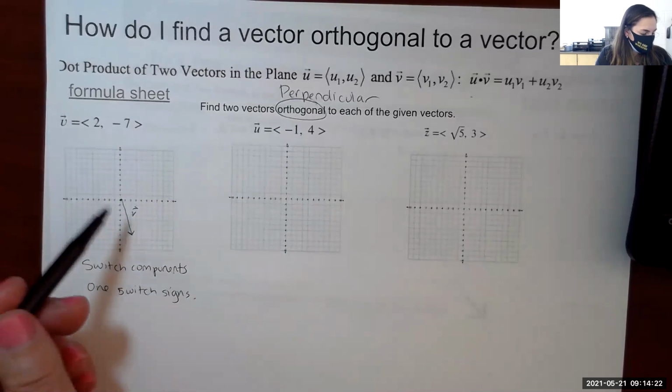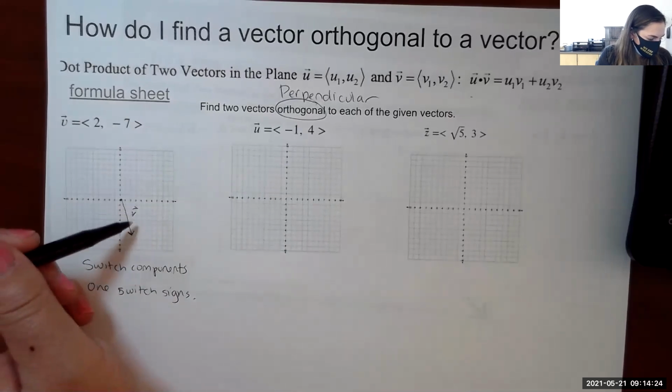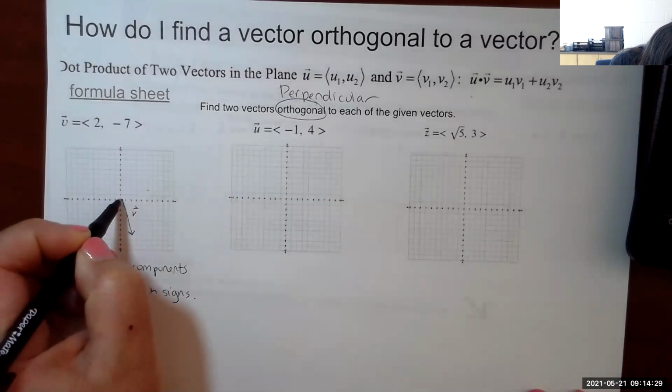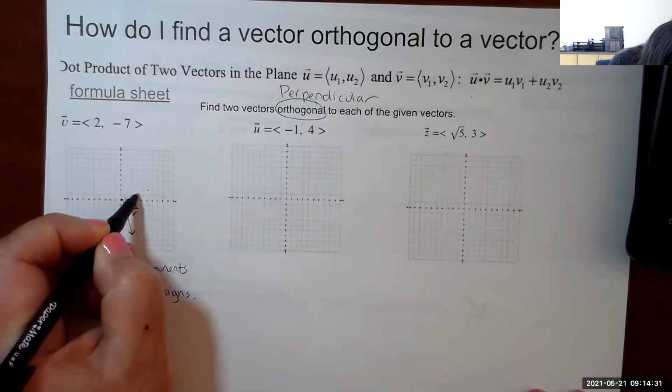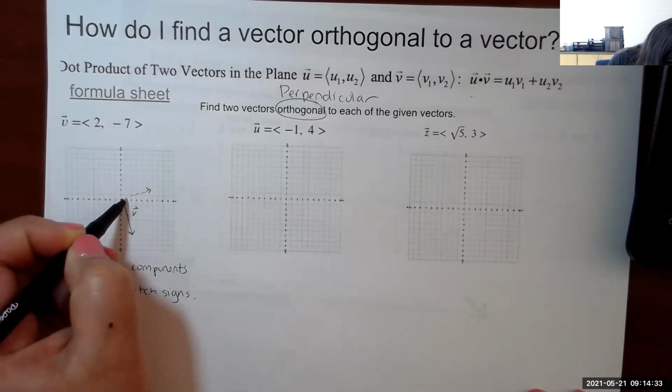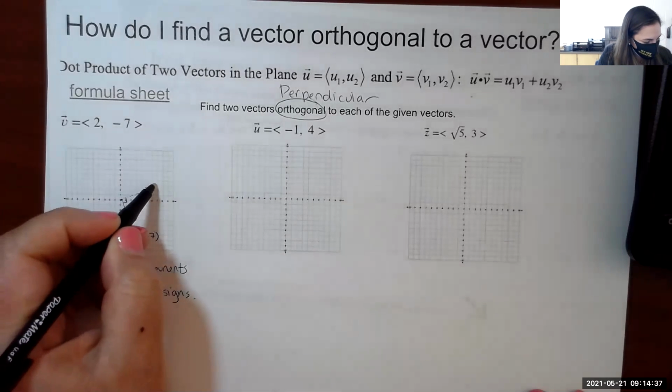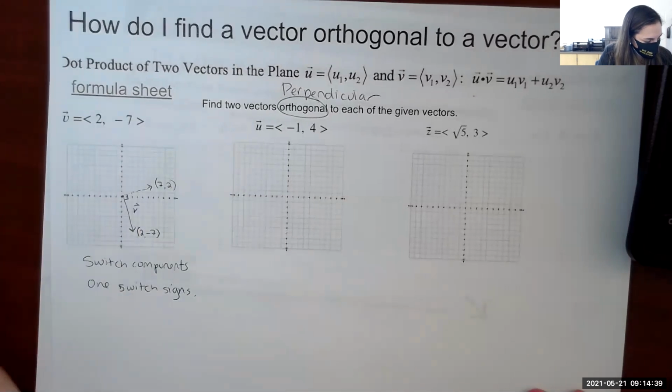So if you were using a protractor or a compass and looking at a real 90-degree angle, you would see one 90-degree angle would appear at 7, 2.